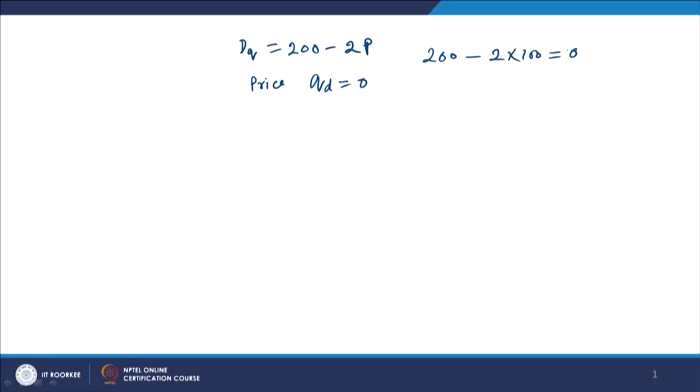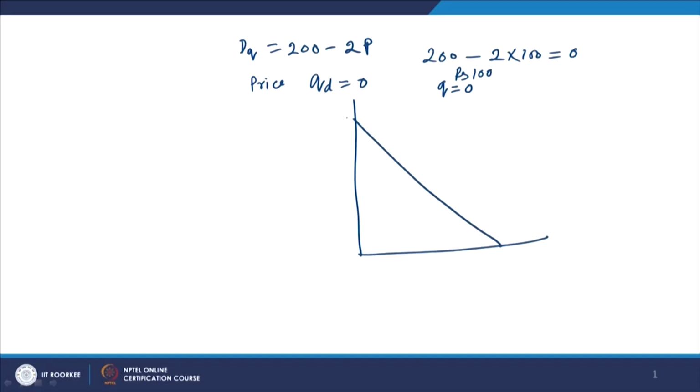that is 200 minus 2 into 100 equals 0. So, you can see that if the market price of the product is rupees 100, then the consumer under reference is buying 0 quantity. This is the one extreme case, and if you draw a linear demand curve like this, at A and B, the maximum price is here 100, Q is 0.